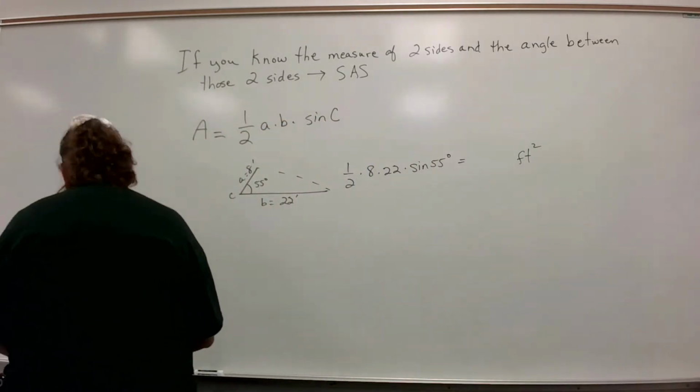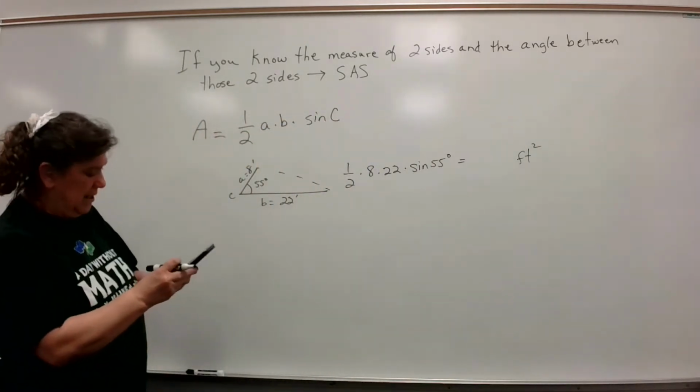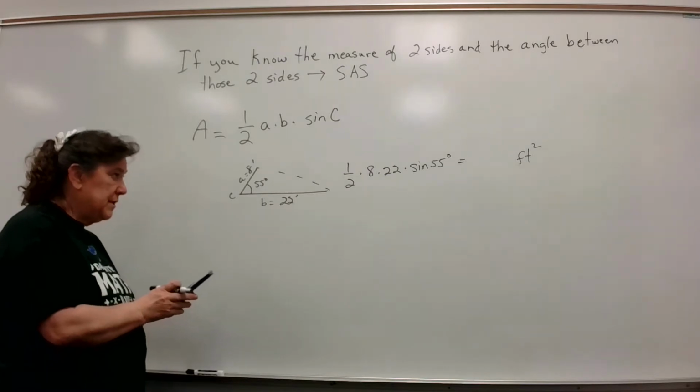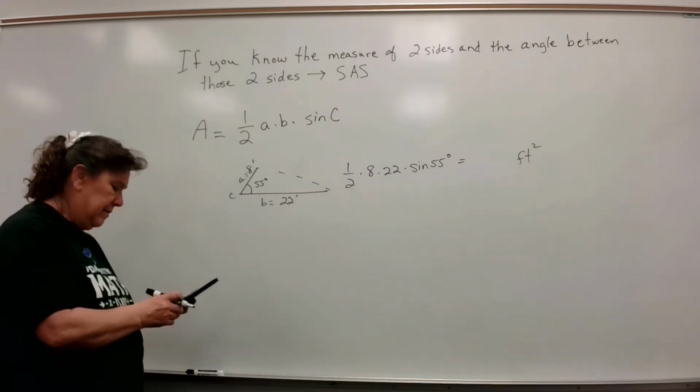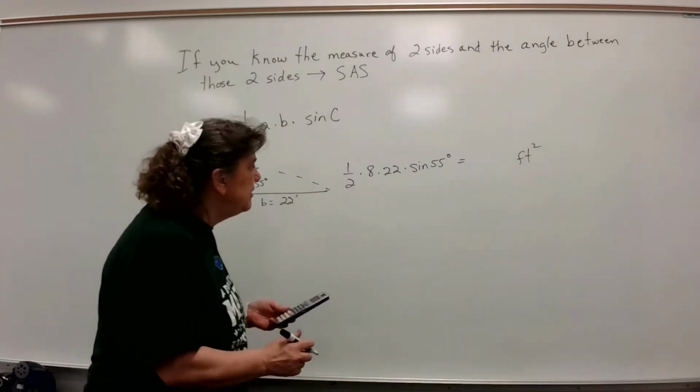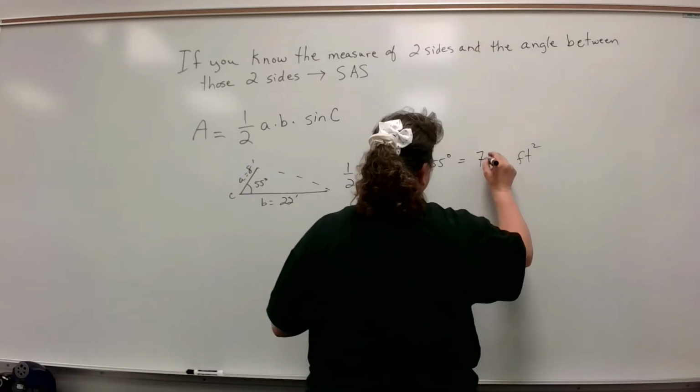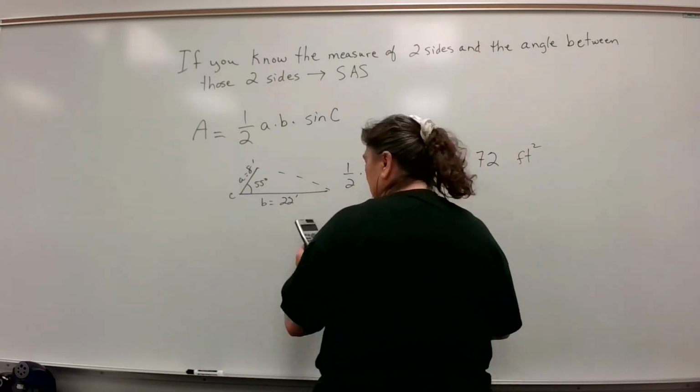Okay? Square feet. 4 times 22 would be 88. Sine 55. 72.08. So 72 square feet.